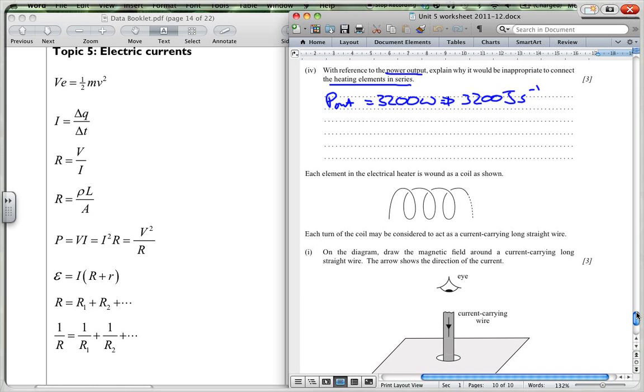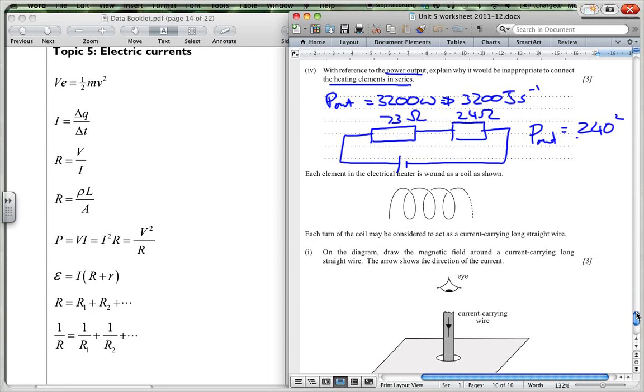Now, if I put them in series, I would have my 73 plus my 24 ohms like that. Now the power output would equal again 240 squared, but you would actually divide by these two added together. So you would be dividing that by 97.